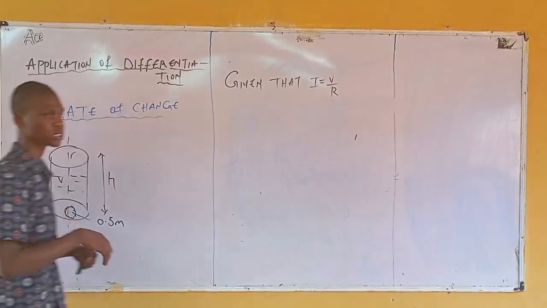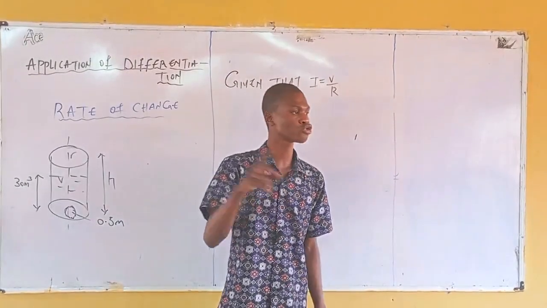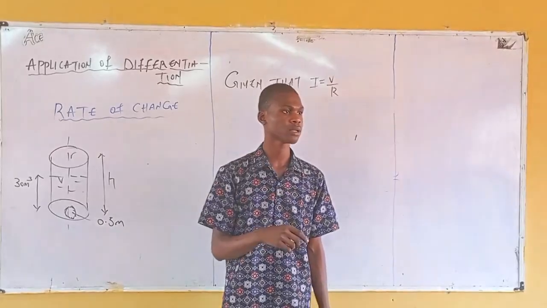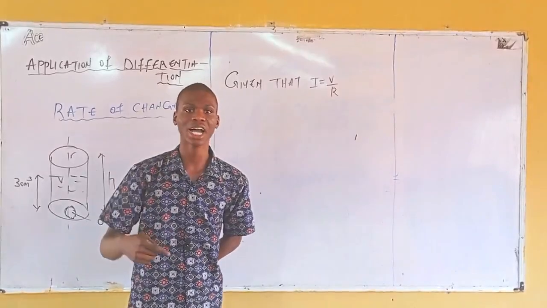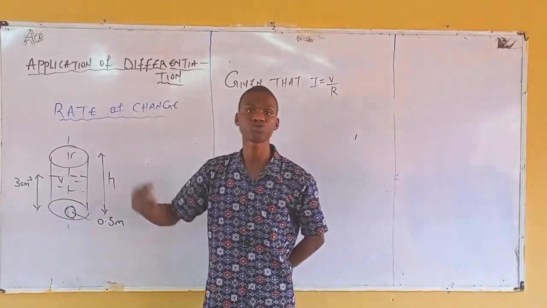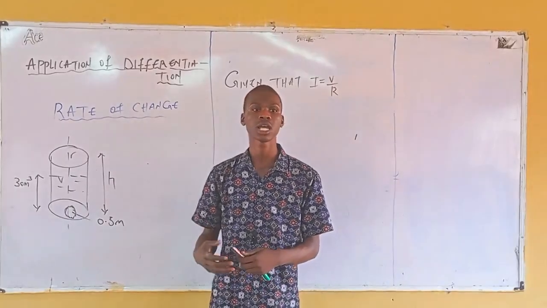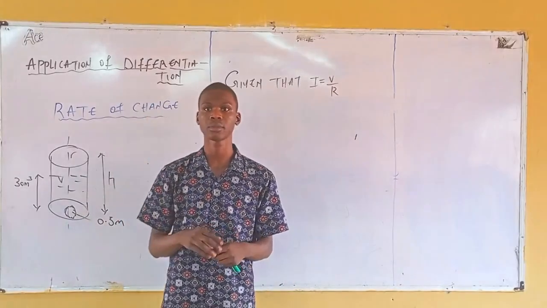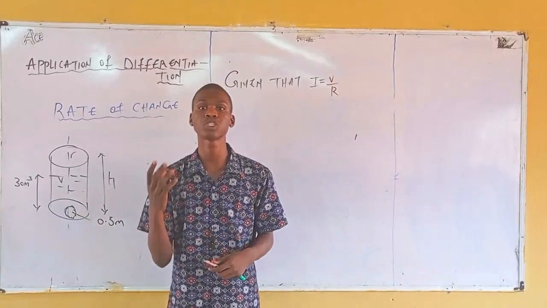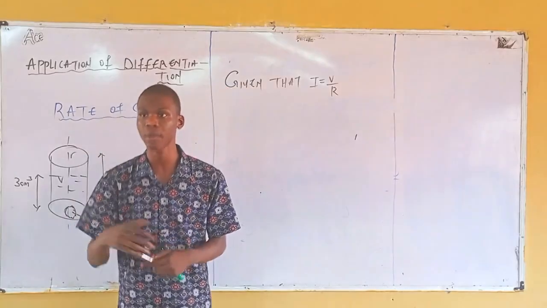So which one is it? Is it 0.5 or 2? 2. So we want to look at the rate at which this volume will change with respect to time. That's the idea behind rate of change: the rate at which a particular parameter is changing with respect to time.